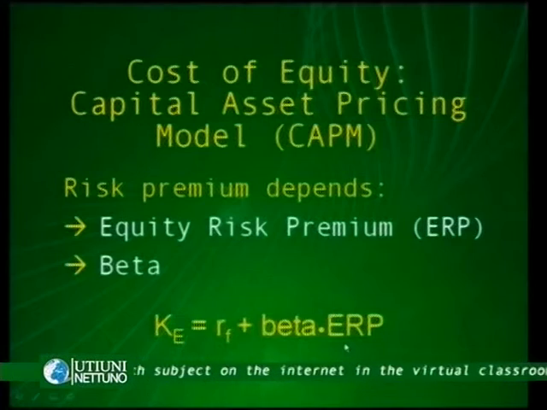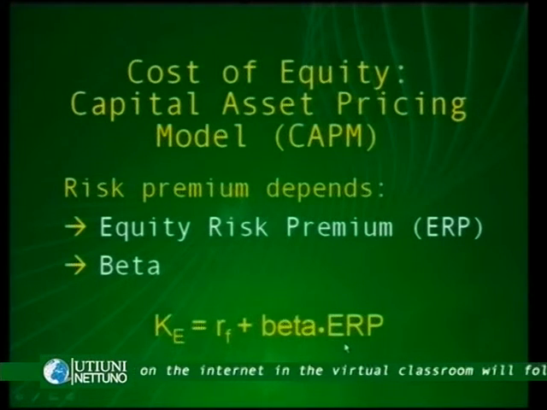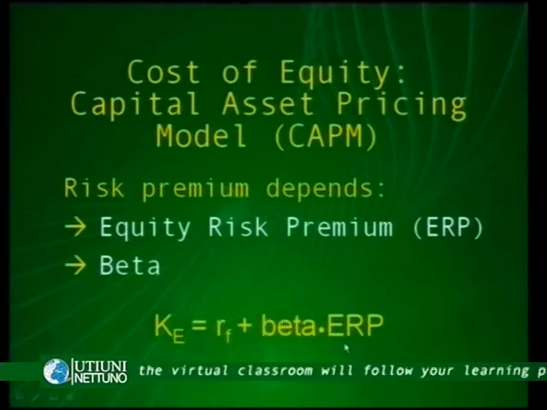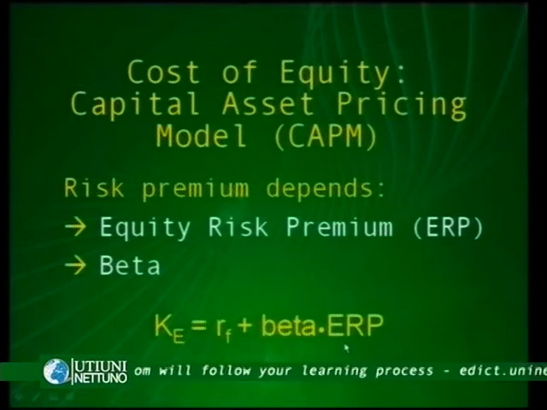And then we'll describe these two parameters in detail in a moment. But the very simple conclusion of the capital asset pricing model is that the risk premium is just the product of these two parameters. So as we can see here in this slide, we have substituted the expression risk premium with the product of beta and ERP, that is the equity risk premium.